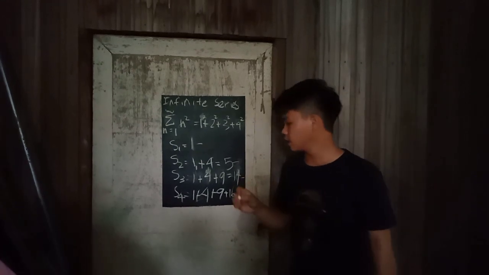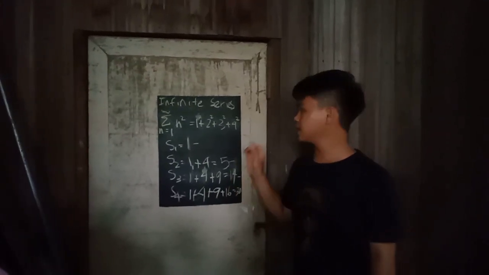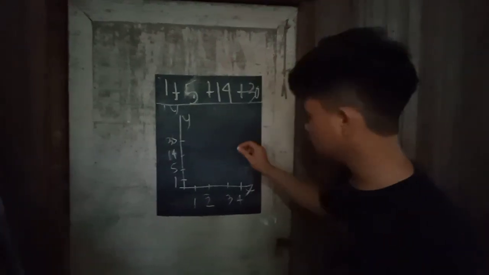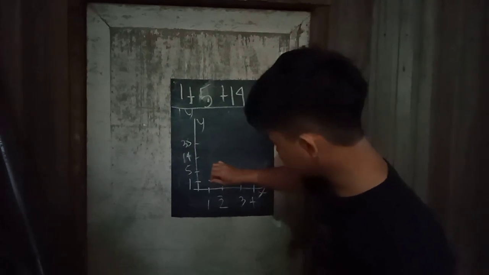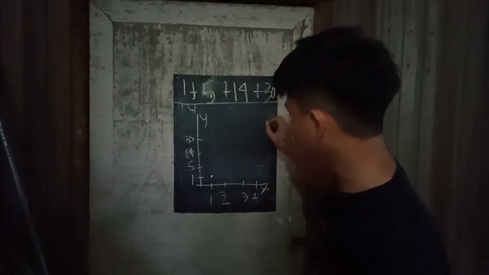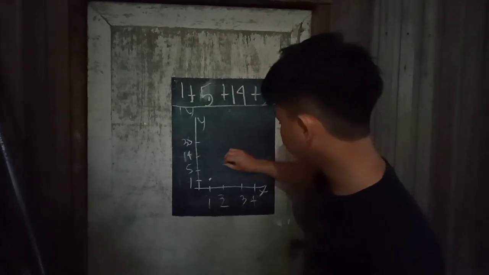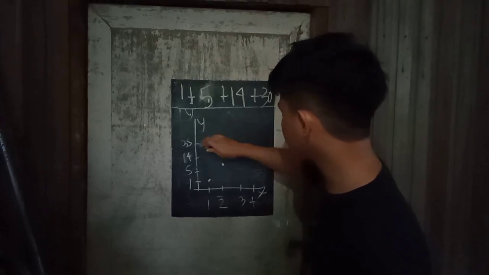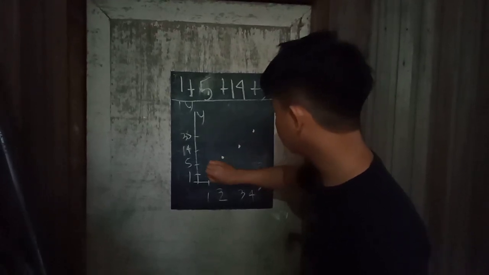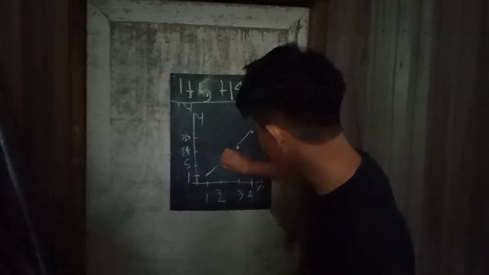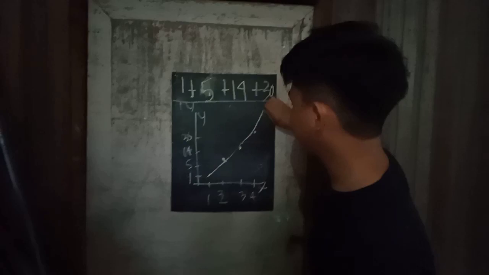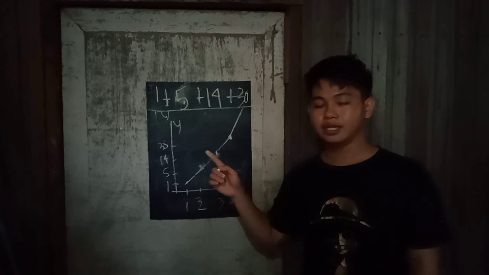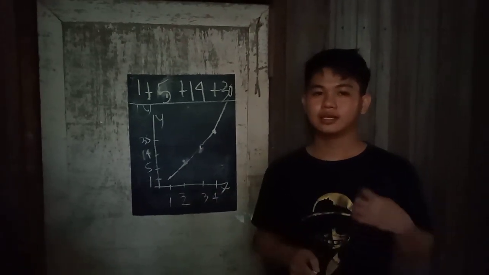So, as we get the partial sums, does the series converge or diverge? The partial sum of S sub 1 is 1, then 5, 14, and 30. So, we can say that this series diverges because it does not approach a value L.